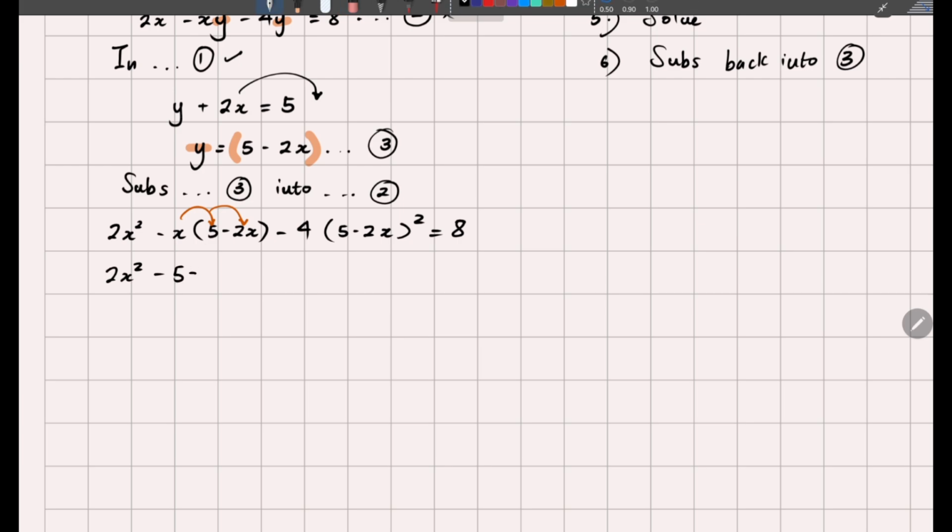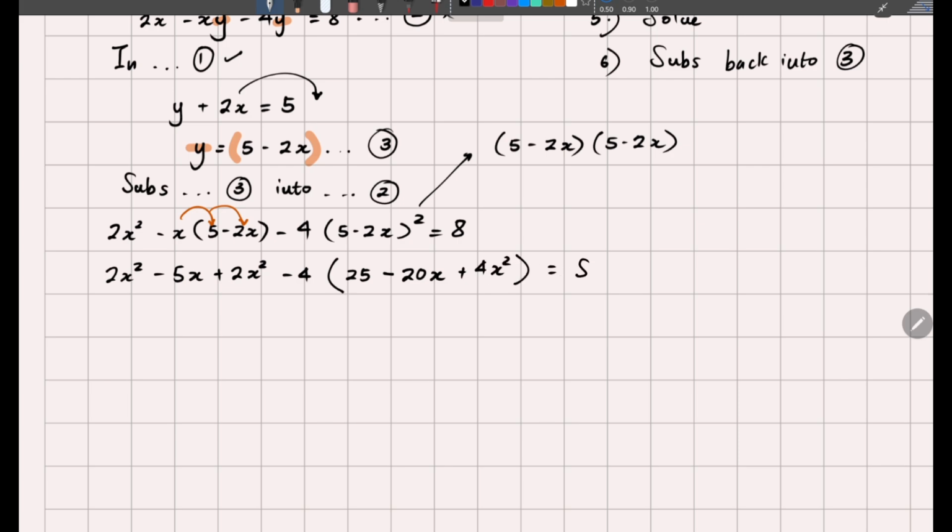x times that is minus 5x plus 2x squared. Now I can't really open out the 4 because I need to actually open this out, and that is the same thing as saying this. So we're looking at 25 minus 20x plus 4x squared, and that's equal to 8.